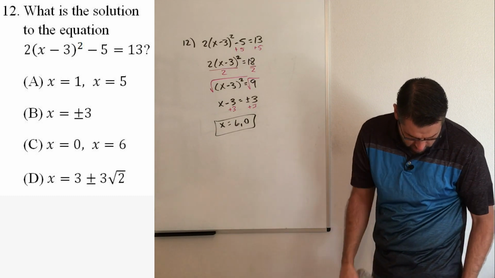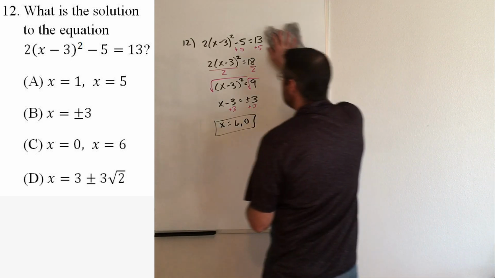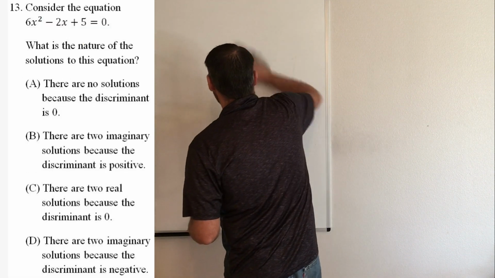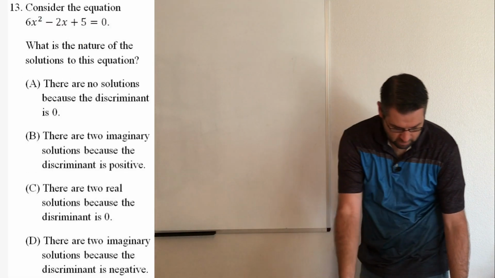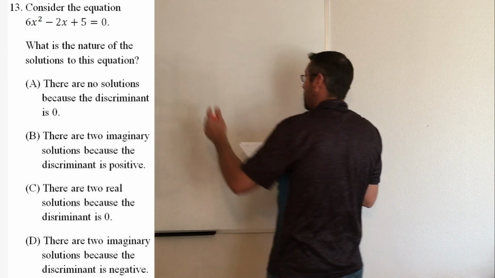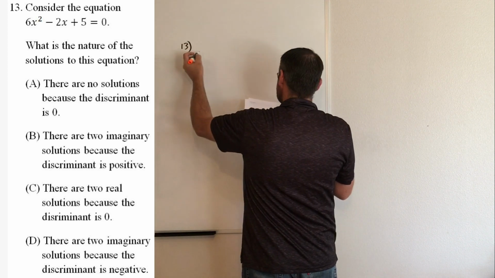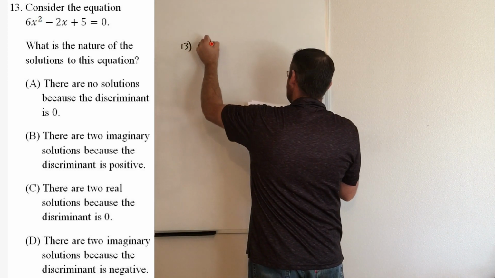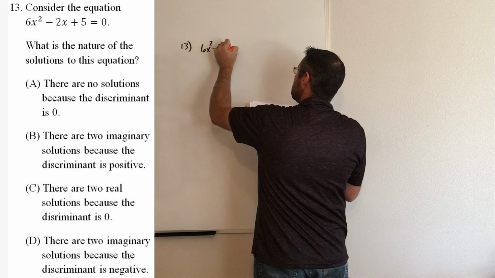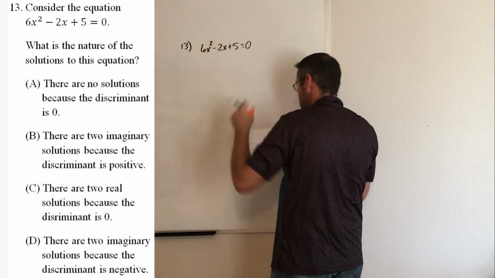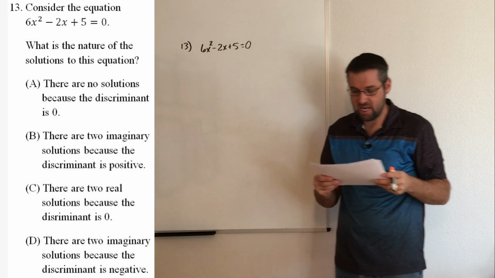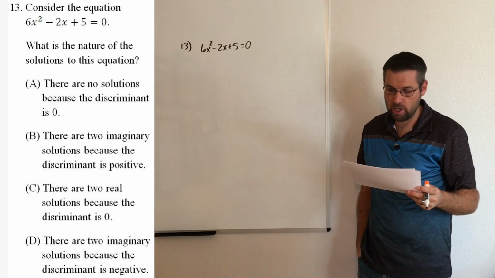All right. Let's look at number 13 here. It says, consider the equation 6x squared minus 2x plus 5 equals 0, and asks what is the nature of the solution to this equation.